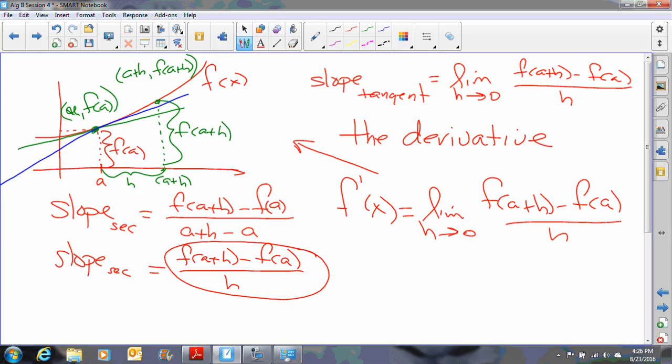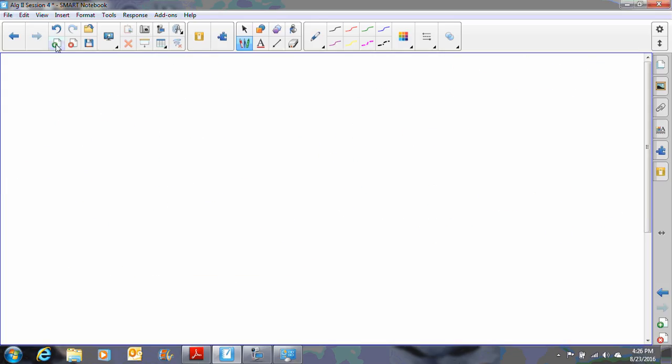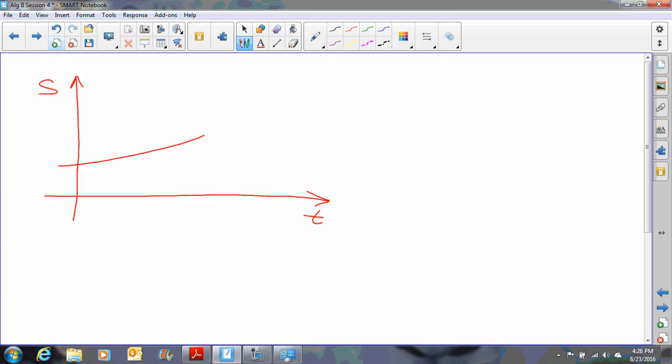Now, let's talk about a concrete example where you can see this a little bit. Okay, first of all, imagine we have a function. The input variable is time, and the output variable is a point's displacement from some particular place. And so let's say we have this function s of t.